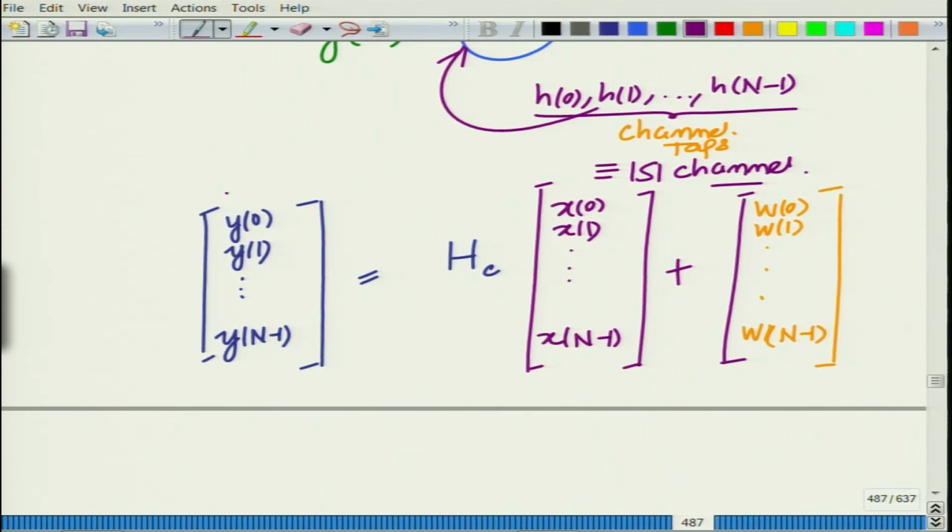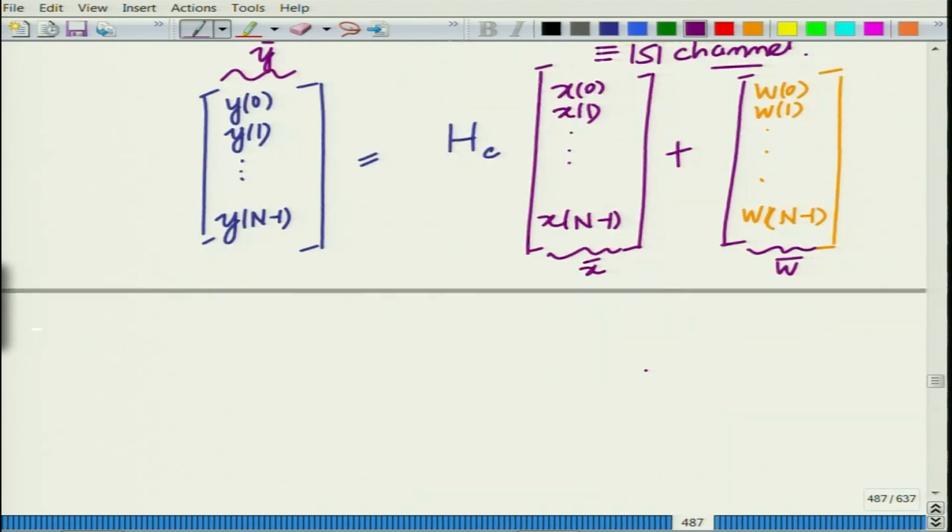You can call this your y bar, this your x bar, and this your w bar. And remember, your x bar is directly your symbol vector. So, you are transmitting the symbols, not the samples, right.